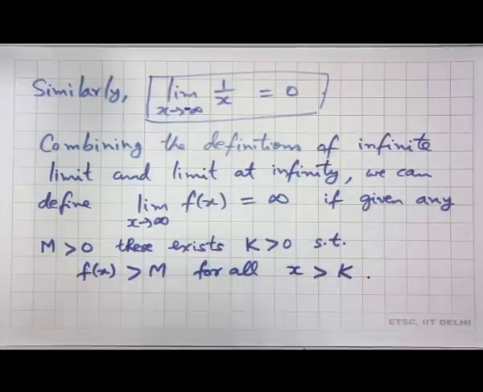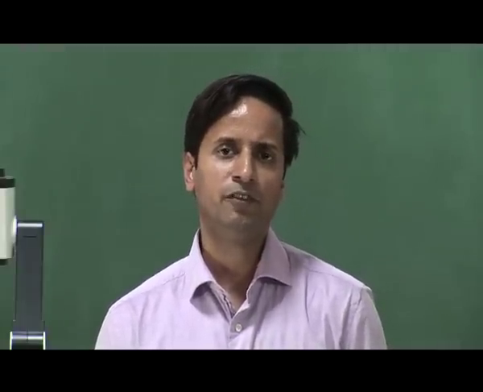So, we say that the limit of f(x) at infinity is infinity if for any large value of x, the value of f(x) is large. Right. Similarly, we can define the limit at infinity to be minus infinity or limit at negative infinity to be infinity.